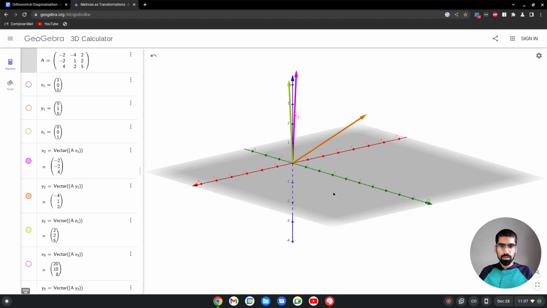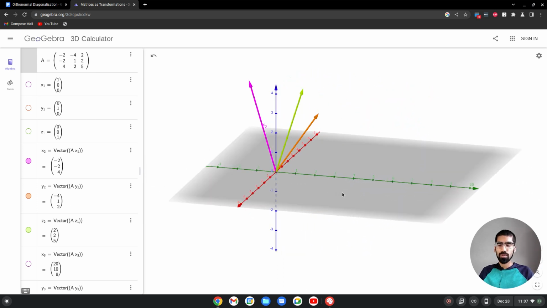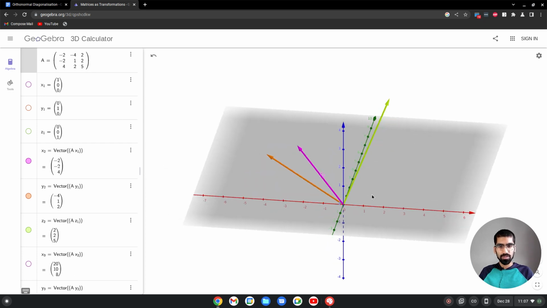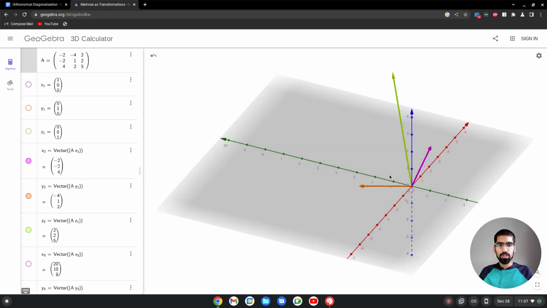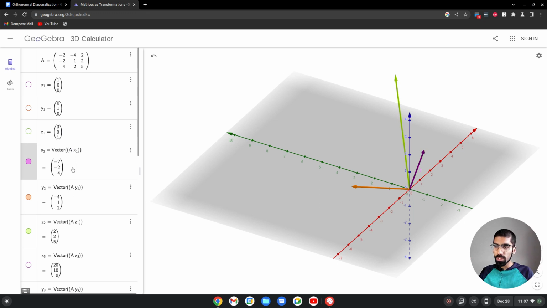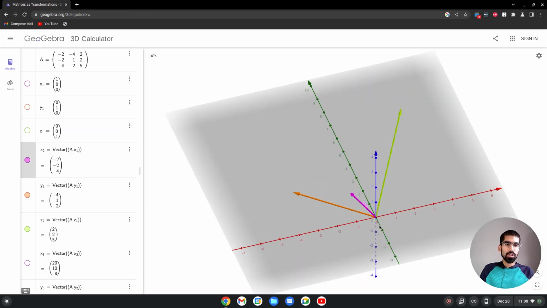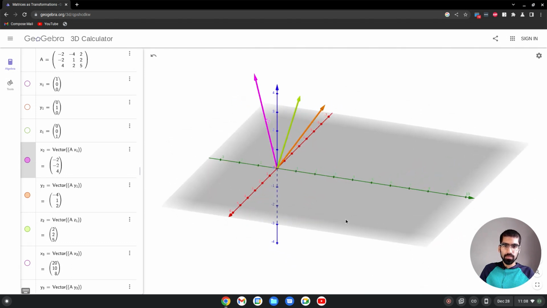So this is a very important concept that often gets neglected in textbooks. They don't talk about how matrix vector multiplication is always just transforming some vectors from where they used to be to someplace new.